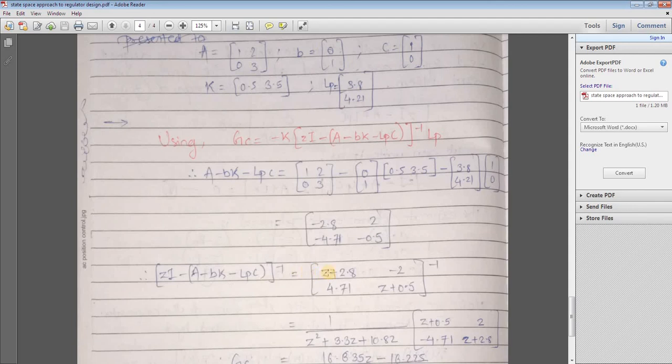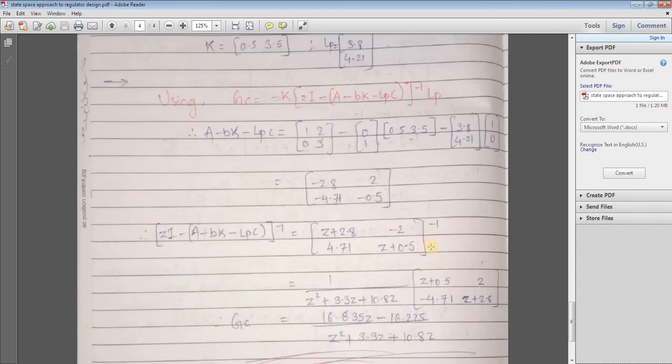Just put the values and we will get this 2 by 2 matrix, and if we take the inverse of this matrix, just cross multiply: 1 upon this equation becomes this quadratic equation, then the remaining as it is.